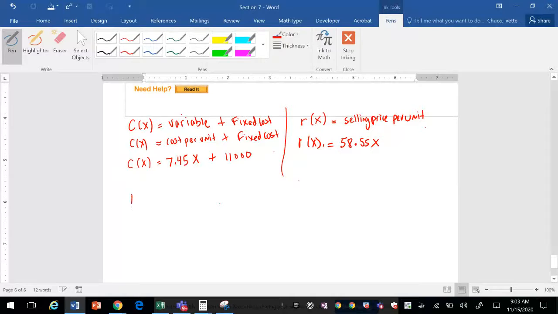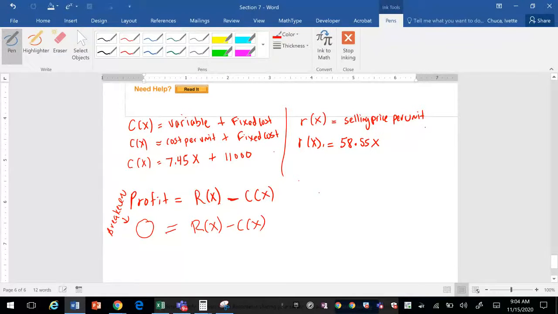And then the profit function is equal to the revenue, how much money you bring in, minus our costs. That tells you what your profit is. To break even means that your profit is going to be 0. In other words, you don't make any money.